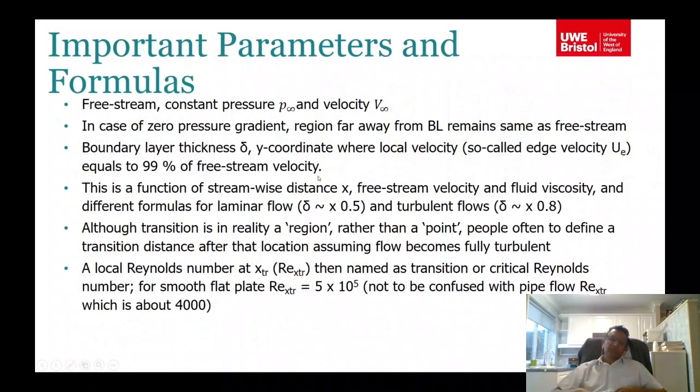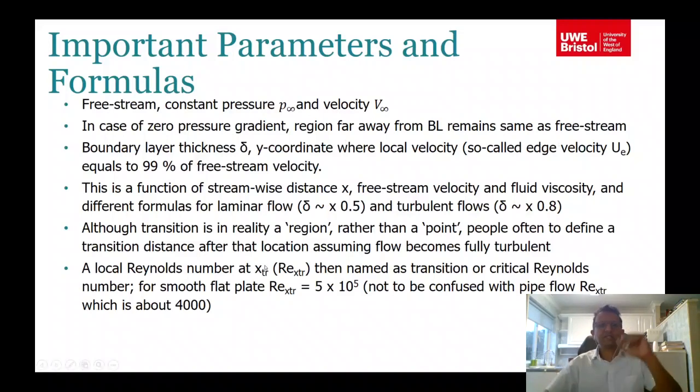So there are some important parameters like the free stream constant pressure P infinity and velocity V infinity. In the case of no pressure gradient, the region far from the boundary layer will remain the same as the free stream. The boundary layer thickness, given by delta, is, as I said, where the velocity is 99% of the free stream velocity.